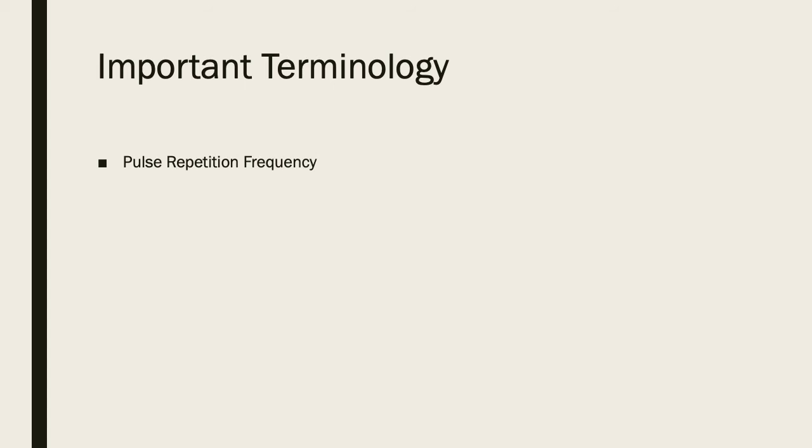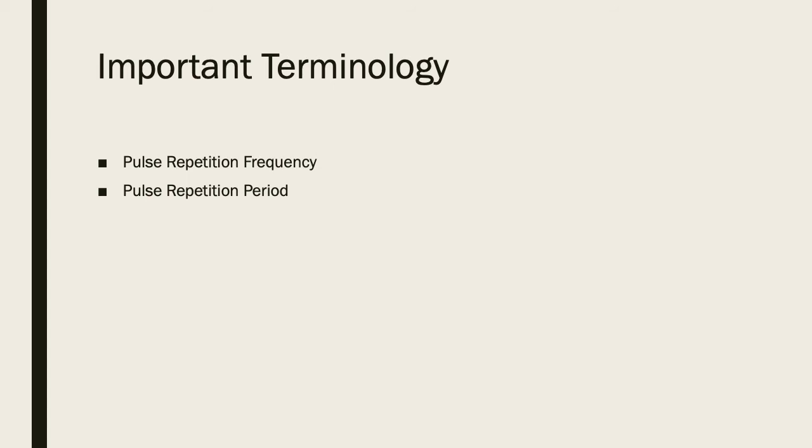In diagnostic ultrasound, there's usually a few thousand pulses per second, which means that the PRF is usually expressed in kilohertz. The pulse repetition period is the time from the beginning of one pulse to the next. The PRP and the PRF have an inverse relationship, the same way that frequency and period did.